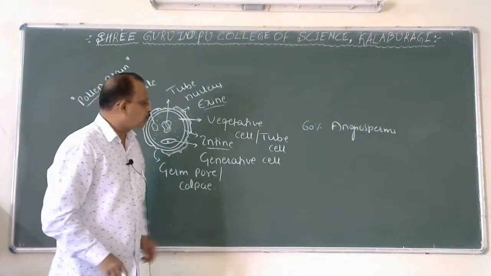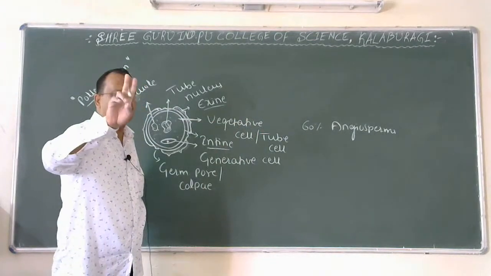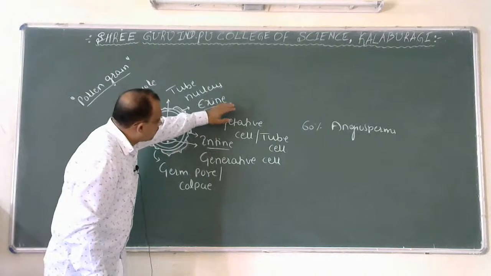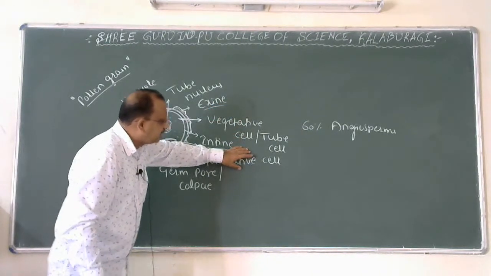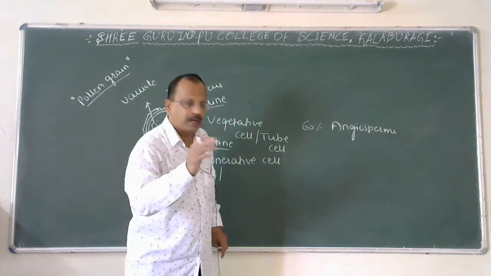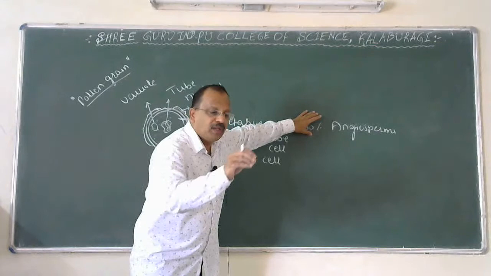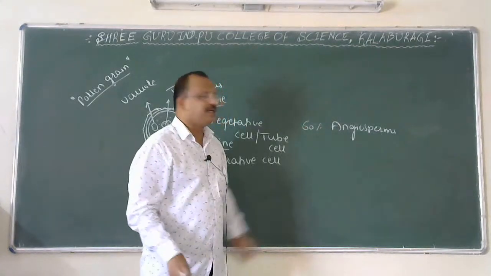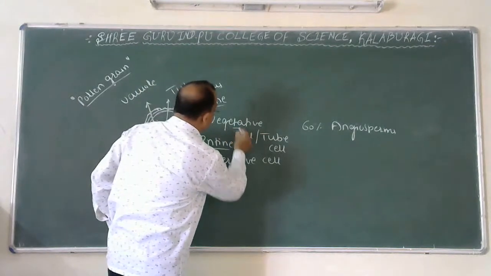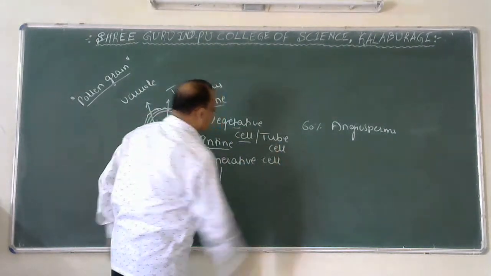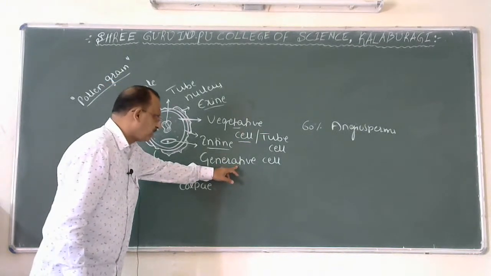In around 60% of the angiosperms, pollen grains are released to the environment at a two-celled stage. The larger is called the vegetative cell, or you can call it the tube cell. The smaller is called the generative cell.